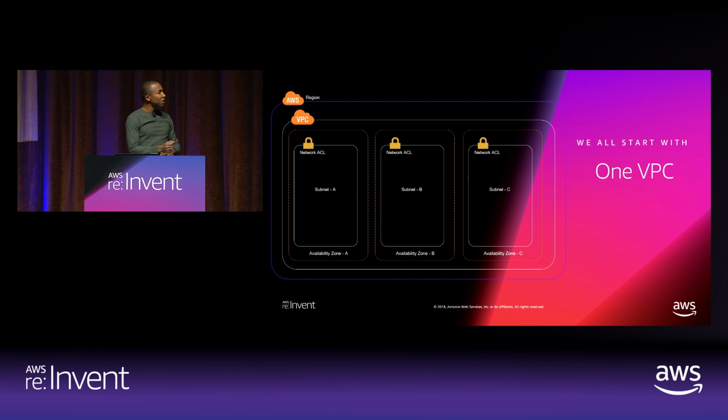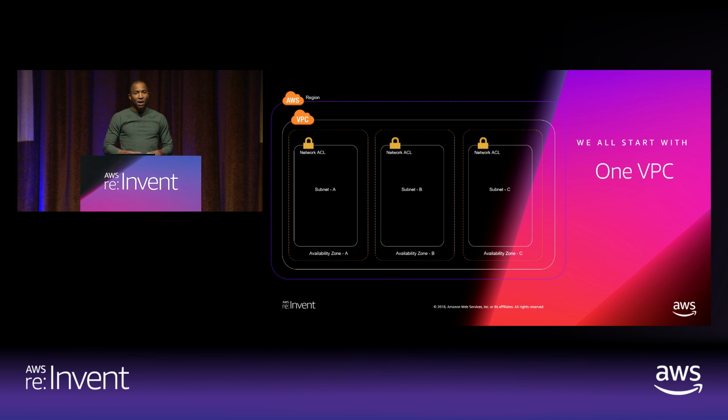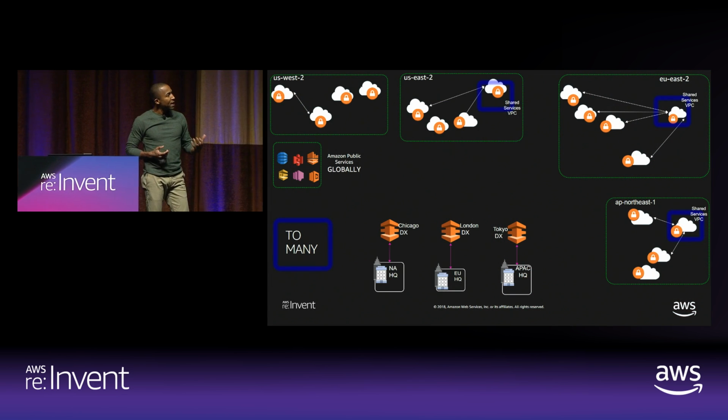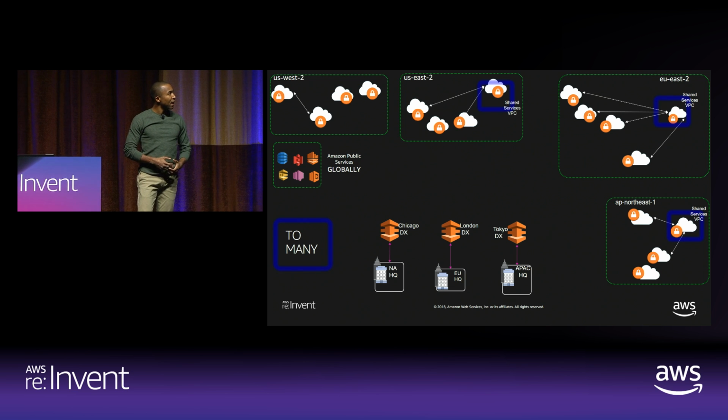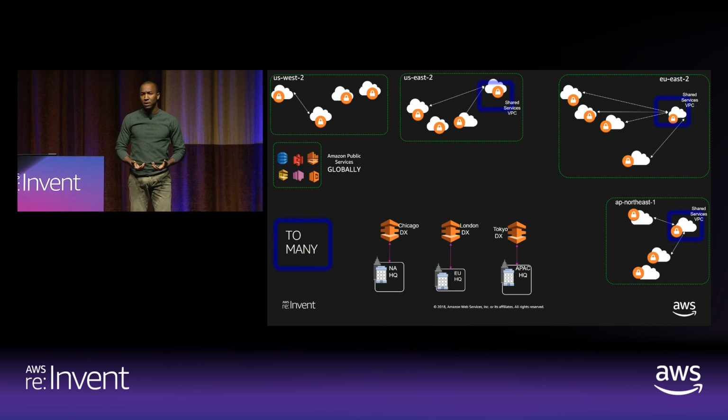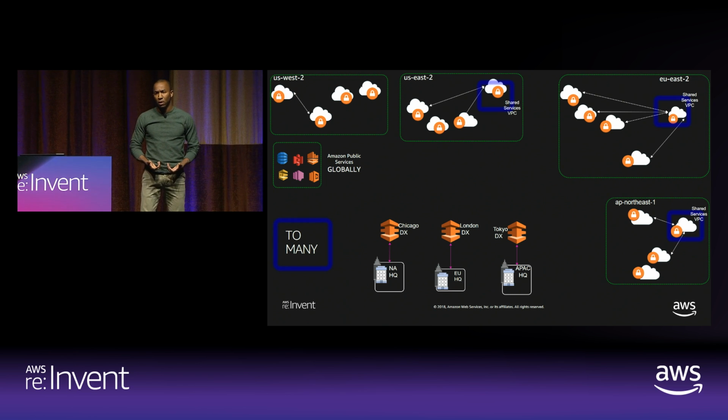Now, most of us start with one VPC, and when defining that one VPC and using it, the world seems like a simpler place. But quickly, when we're successful, our networks look like this, where we have 10 AWS regions, and within each region, we have hundreds of VPCs all spread out across multiple accounts.